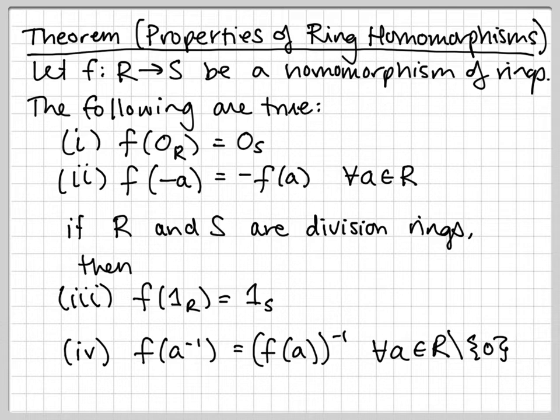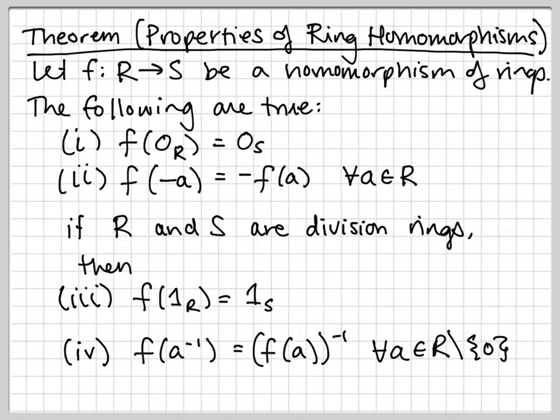And I guess I should say, I wanted to be a little bit careful. f from R to S, where f just sends everything in R to the zero element of S, is a ring homomorphism. We've got to be careful that we're not sending everything to 0 in S. But hey, if we do, it's the 0 ring. And yeah, 0 is its own multiplicative inverse. That's a little bit weird. I guess that would mean S can't be a division ring.